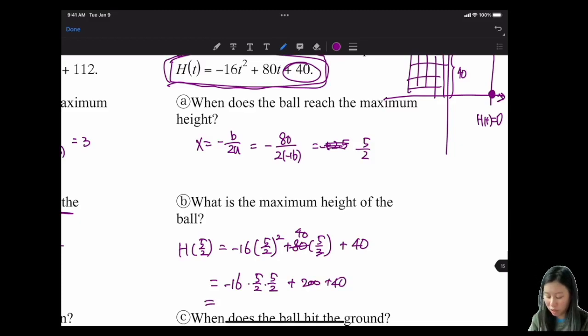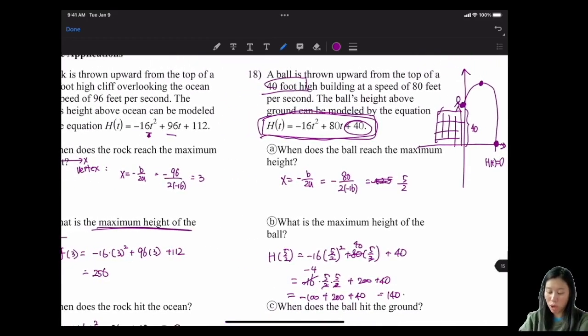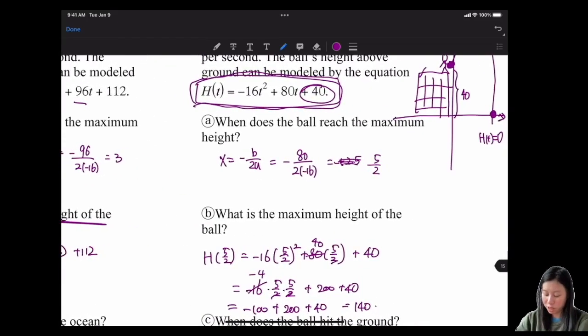Negative 16 divided by 4, we have a negative 4 left. So I have negative 4 times 5, which is negative 20, times 5, negative 100, plus 200 plus 40, which is 140. So the maximum height is 140, whatever that unit is, feet.